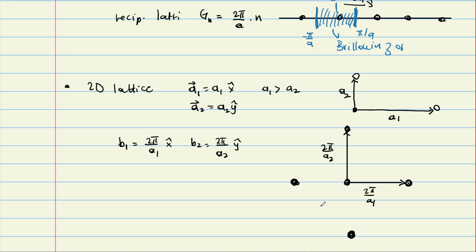Now let's construct the Wigner-Seitz cell. So find the distance to the nearest neighbor, draw a perpendicular bisector, another one here, another one here, another one here, and this area is the Brillouin zone.